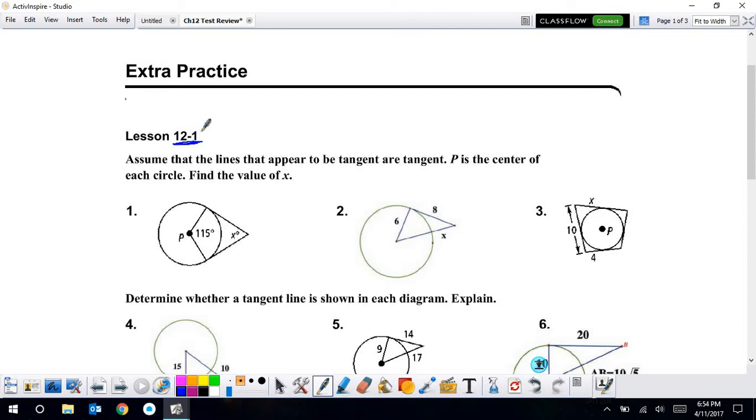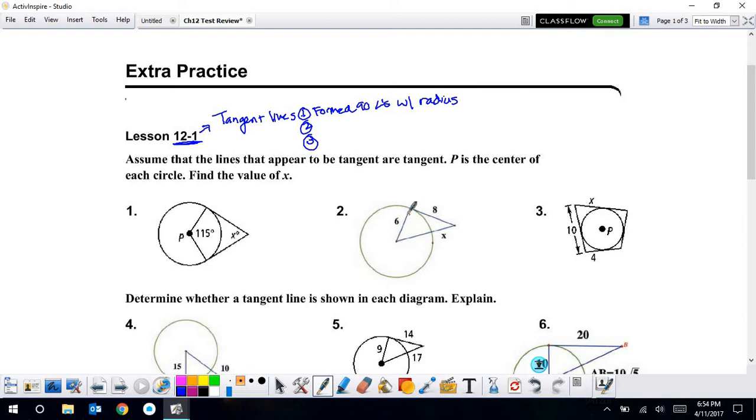So in 12.1, we looked at a couple different things, okay? One of the things is when we had a tangent line. So 12.1 was all about tangent lines. Remember, we had basically three different things that we were looking at. They formed 90-degree angles when they intersected with either a radius or diameter, okay?